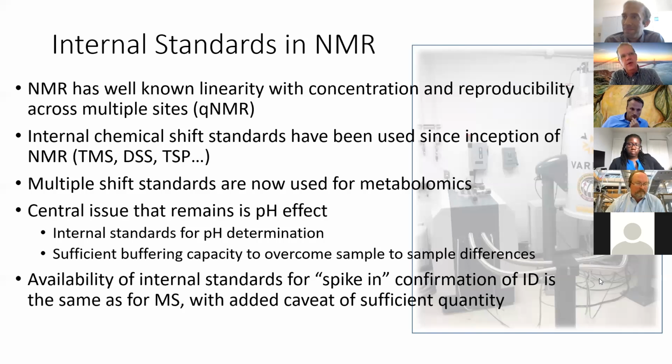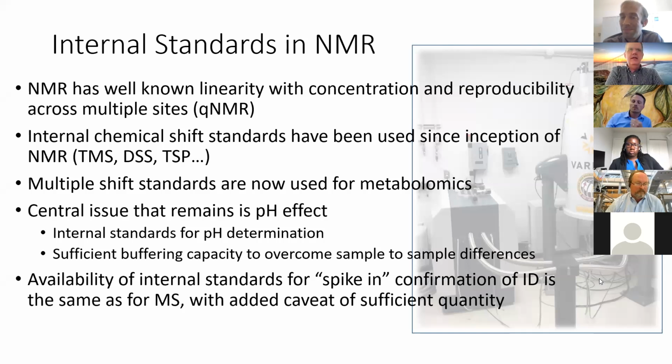The problem with that is knowing how much buffering capacity you actually need. How far out are the urines that you're actually taking a look at? And so there's been quite a number of searches for metabolites that have a good pH dependence.